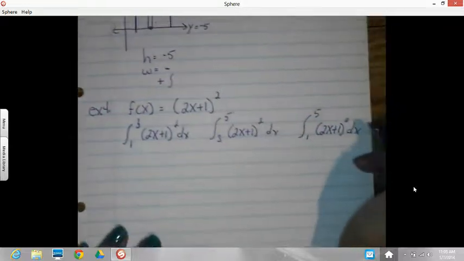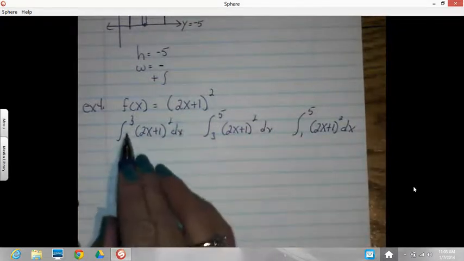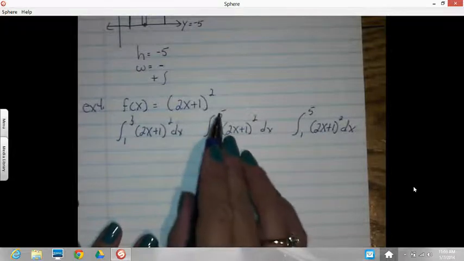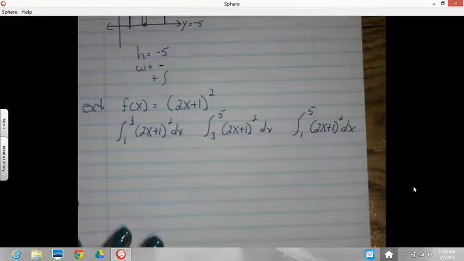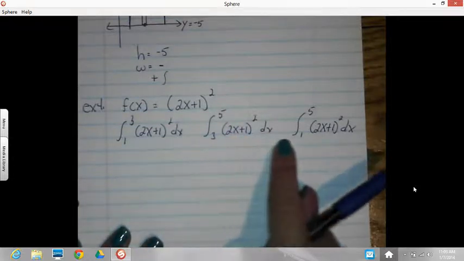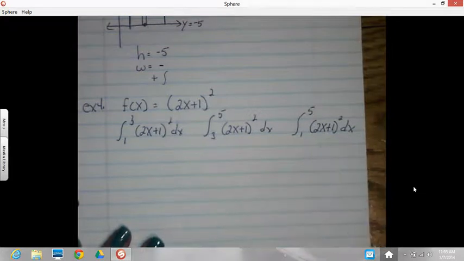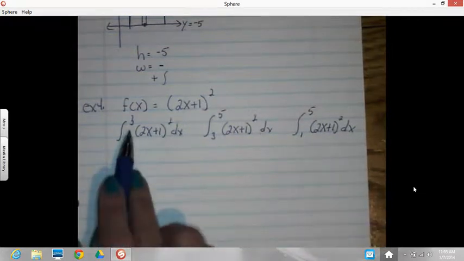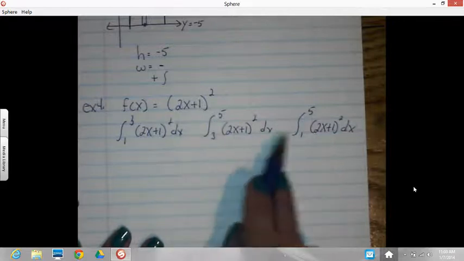Okay, so take a look. I've got the same function in all three integrals. Here I'm evaluating from 1 to 3. This one's from 3 to 5. And this one is from 1 to 5. Do you think any kind of a relationship is going to exist between these three integrals? Think about that for a second.